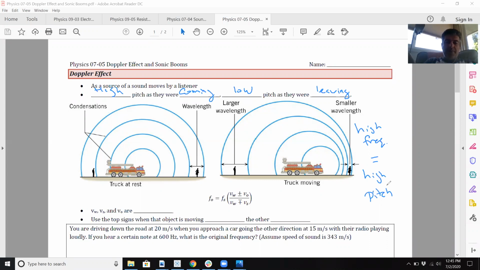And the formula is this right here, where FO will be the frequency heard by the observer.